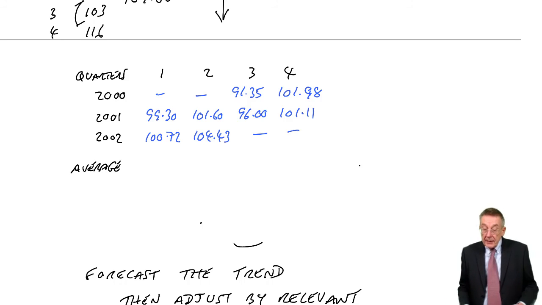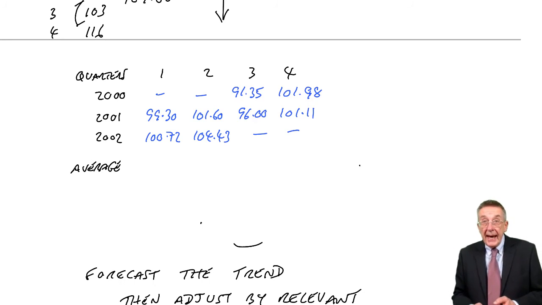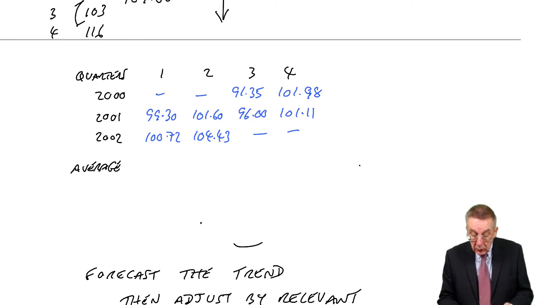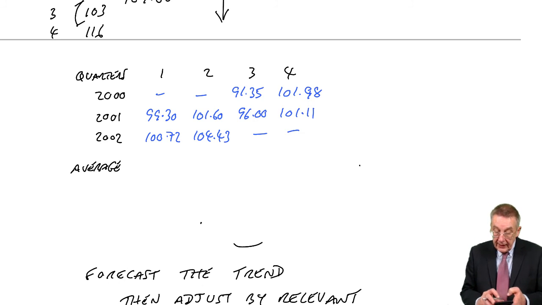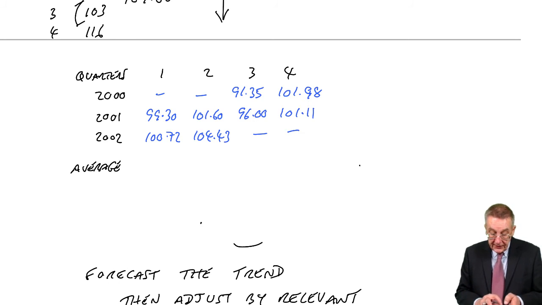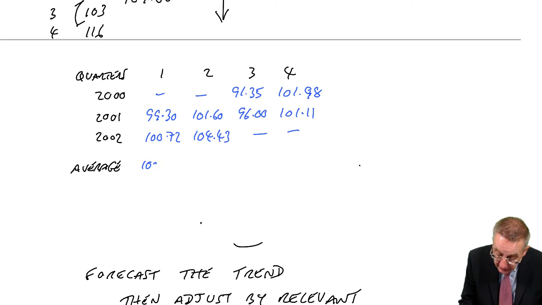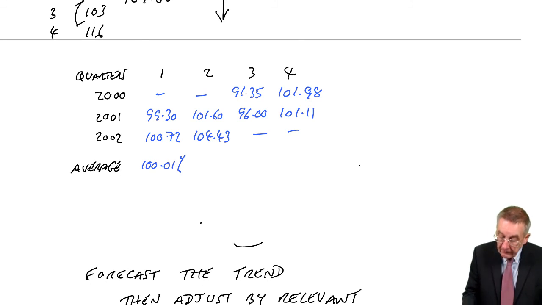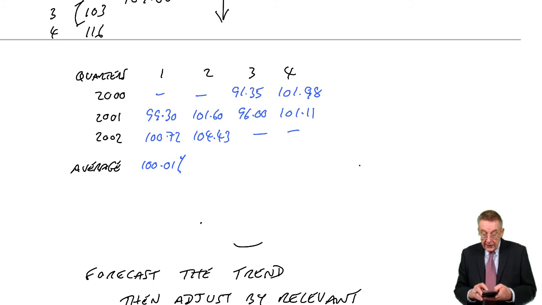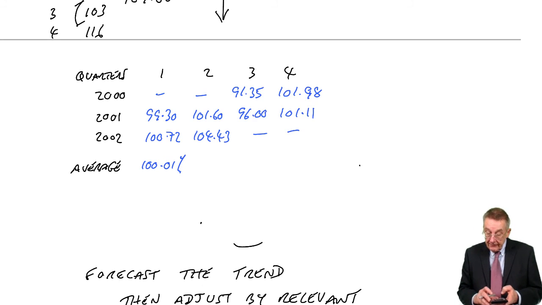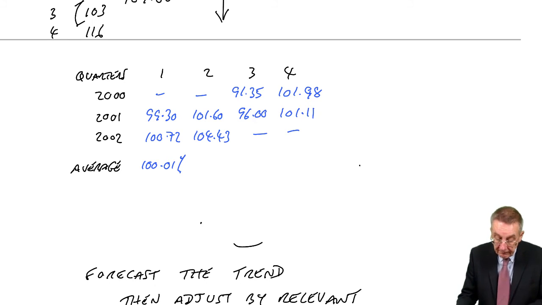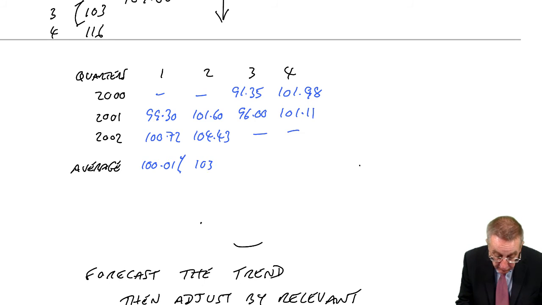And so, just like before, what's the average percent for each quarter? Well, quarter one, 99.3 plus 100.72 divided by 2 is 100.01. Quarter two, 101.6 plus 104.43 divided by 2 is 103.02.